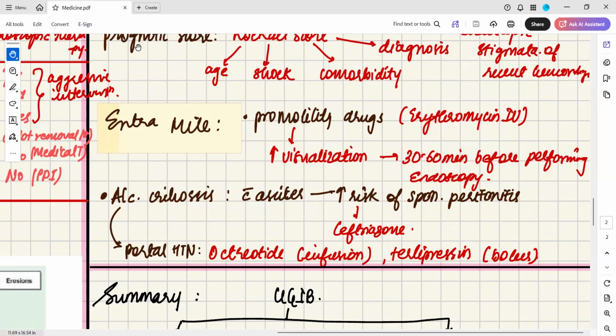If the portal hypertension has increased, then it can exacerbate the variceal bleed in the patient.